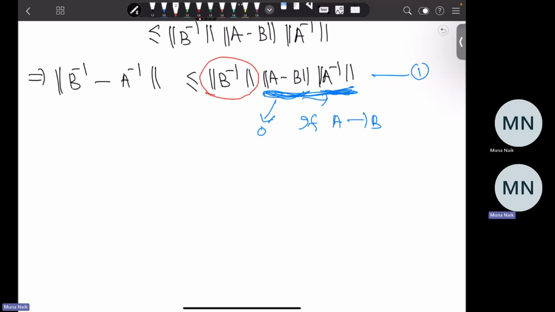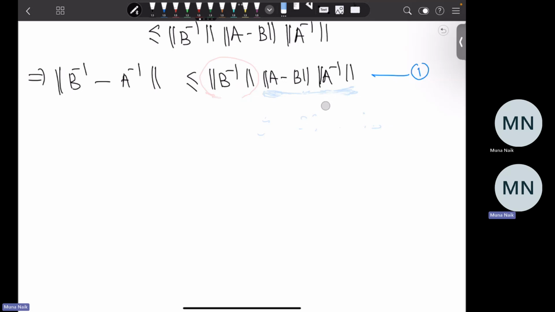If we can bound the norm of B inverse, then we are done. It is not possible to bound the norm of B inverse in the whole of GL(n, R), but I told you that continuity is a local property. If we can bound the norm of B inverse in a neighborhood of A, then we are done.